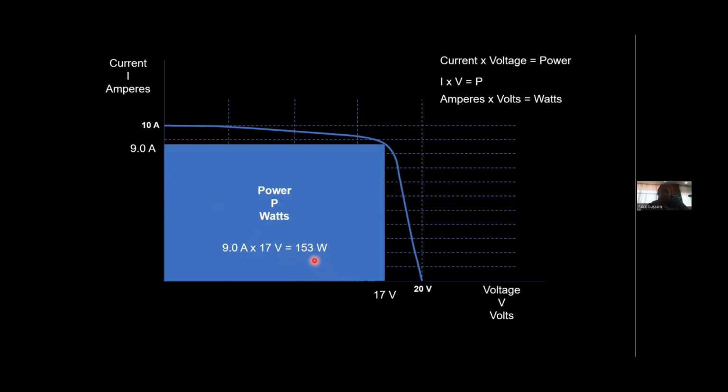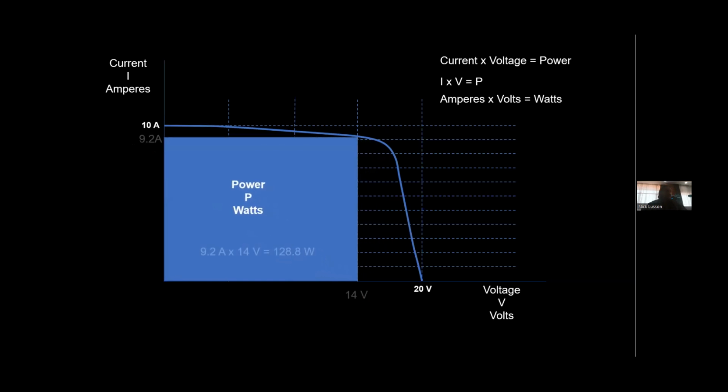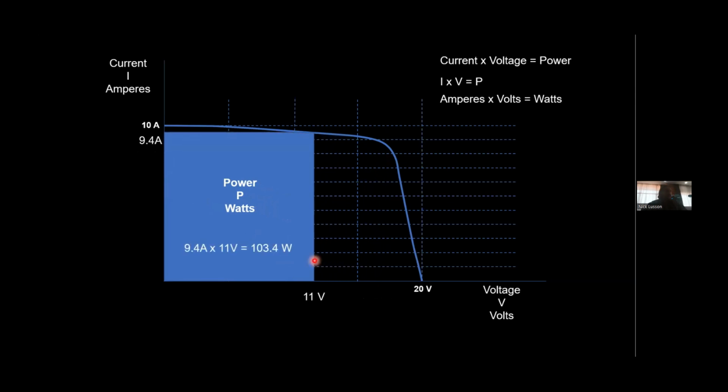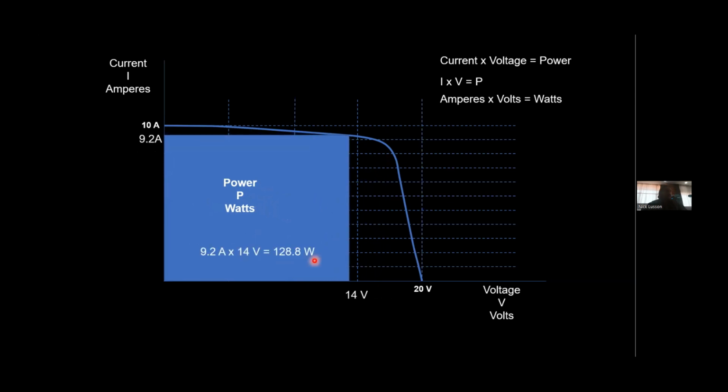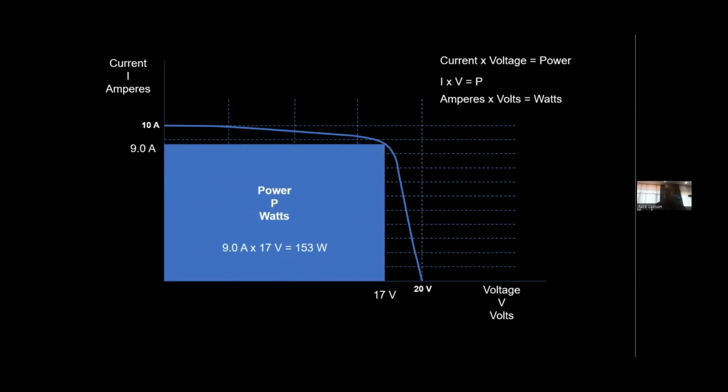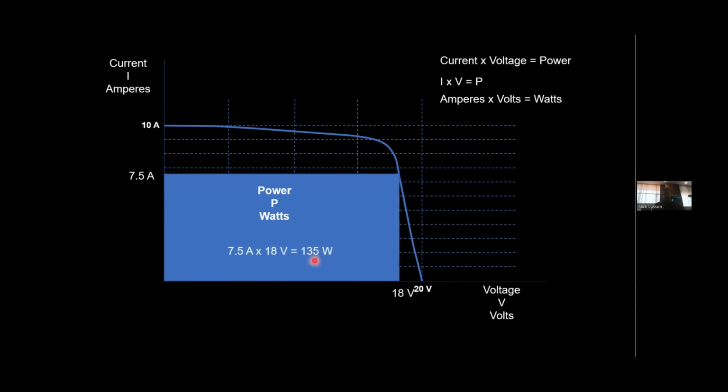So that is the important relationship I want you to understand here. The current times the voltage gives you the watts. And when we look at a solar panel, the solar panel has limitations. So we want to find that point that gives us the most power. That's an MPPT. Okay, so I think we can continue.